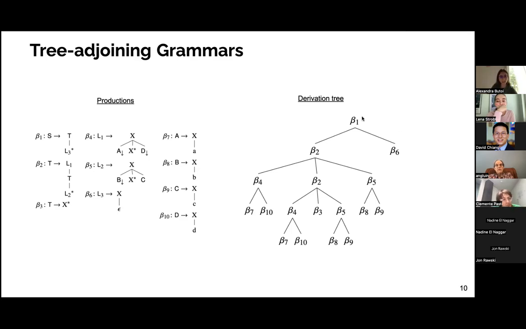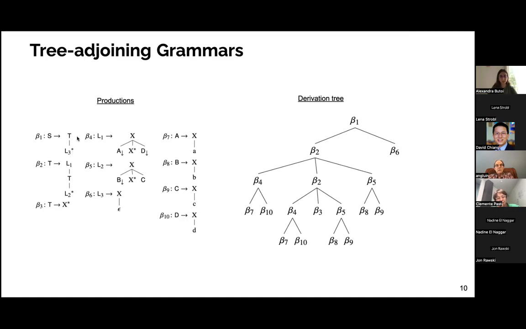So I have an example here. On the left, I have the productions of a tree adjoining grammar, and on the right a derivation tree. What it means is that, say you start with an S, and then the first rule that you apply is beta 1. Then you are left with a tree that has two nodes, T and L3.